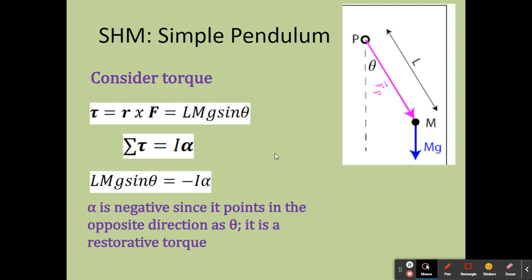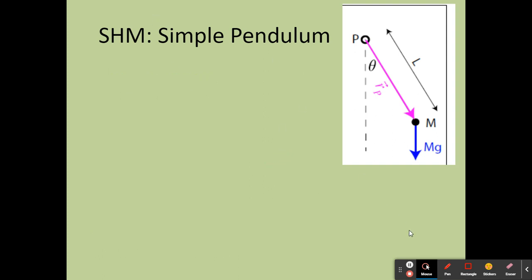We have then that equation, L m g sine theta is equal to negative I alpha.